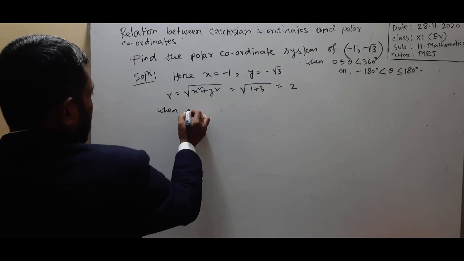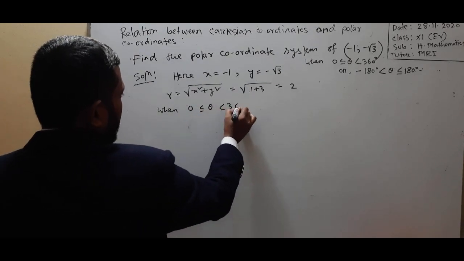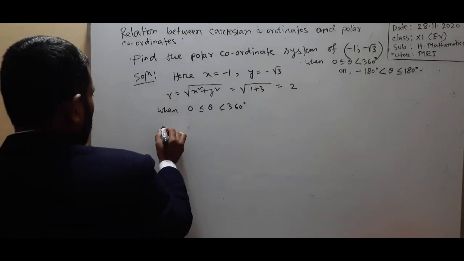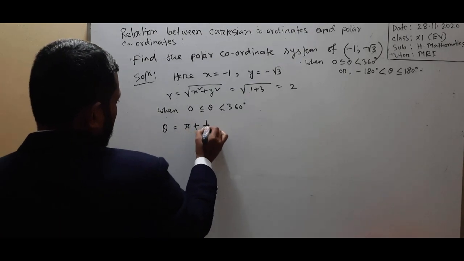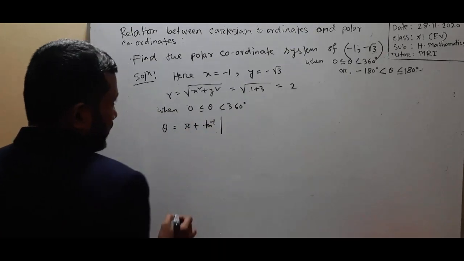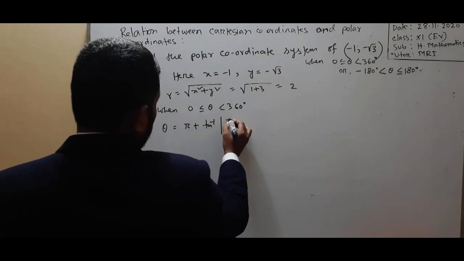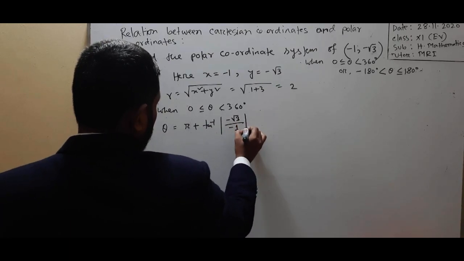So when 0 less than or equal to theta less than 360 degree, the value of theta will be pi plus tan inverse y by x, with y minus square root 3 and x minus 1.